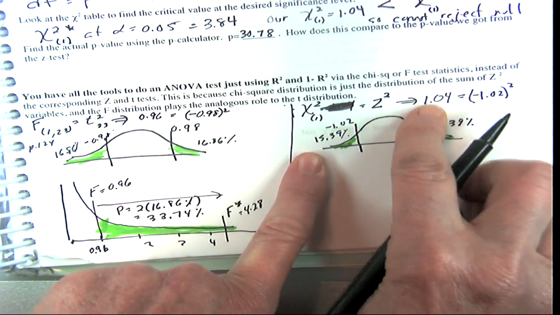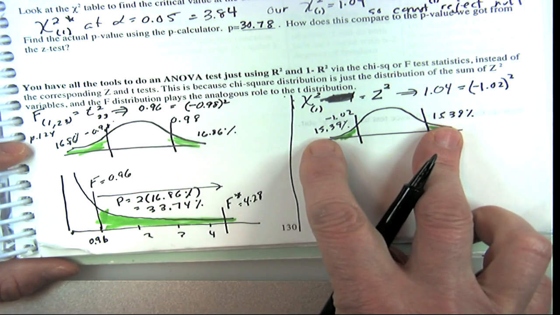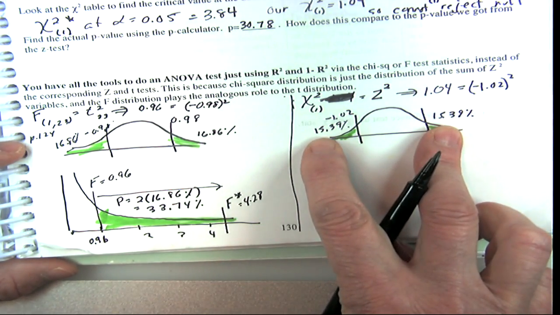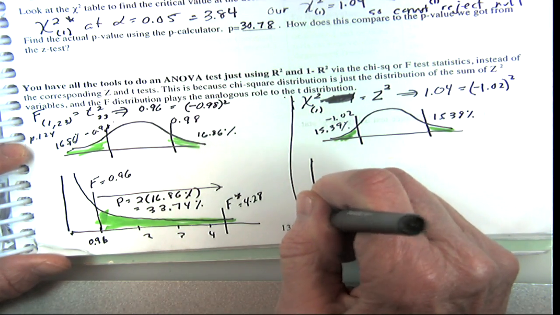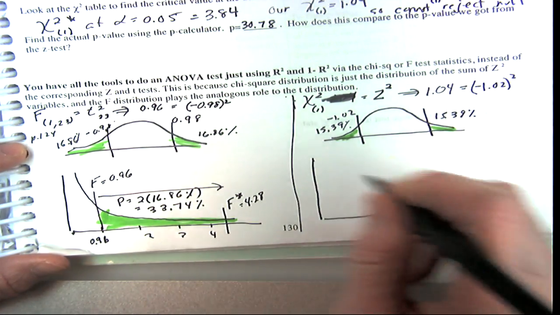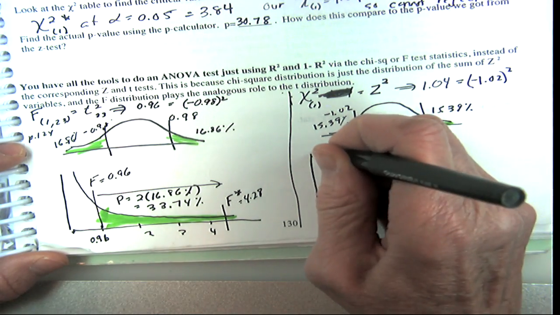When I square it, I get the chi-squared, and the p-value should be twice that. It's going to look very asymmetrical too.